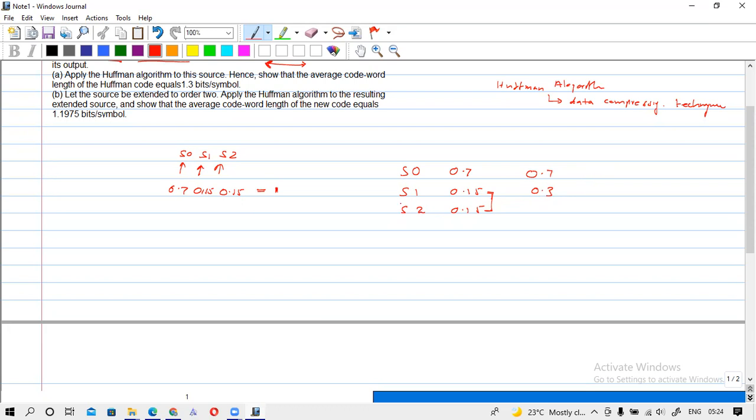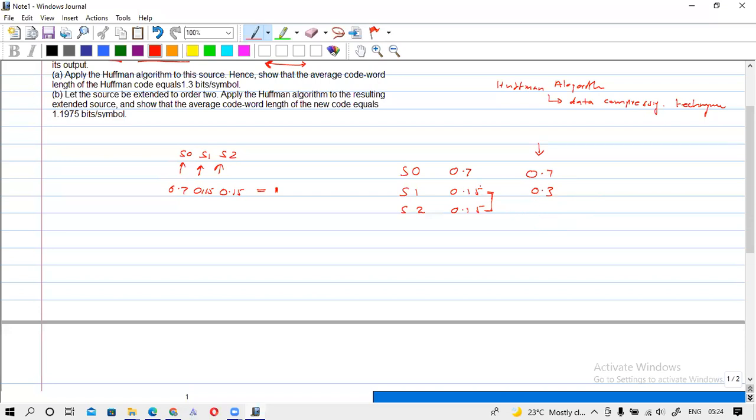If we reduce 1 character, we will get only 2 remaining characters. So we have to do one step of reduction, and then we come to the final stage, with 2 characters. If you add these also, you should get a probability of 1. If you add 0.7 and 0.3, you will get 1.